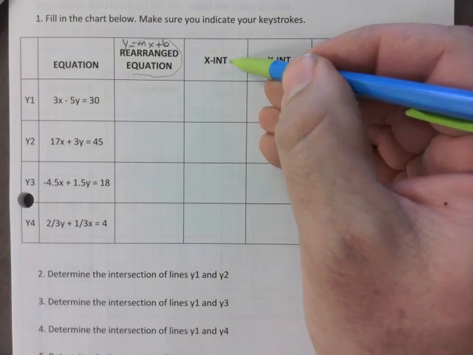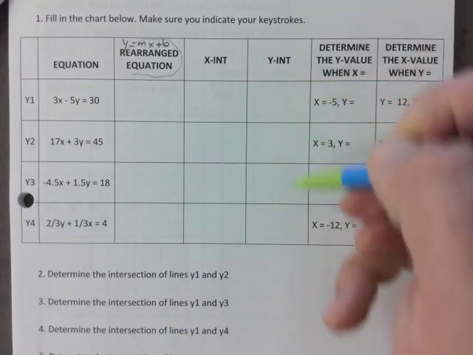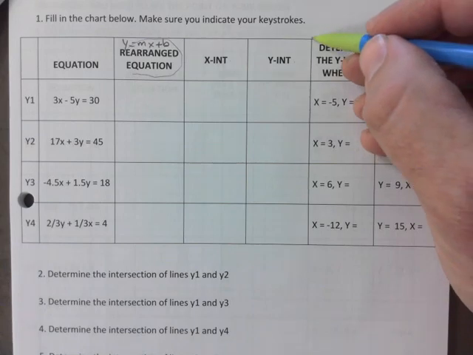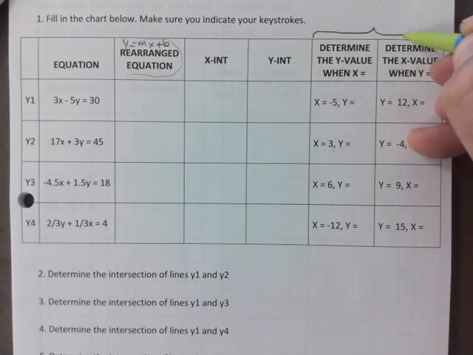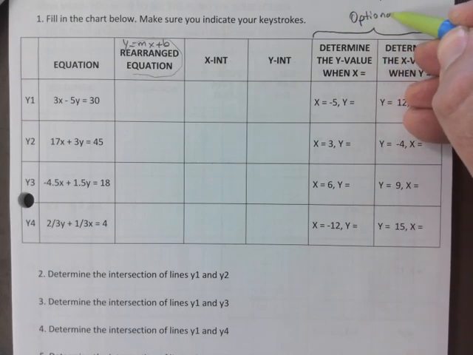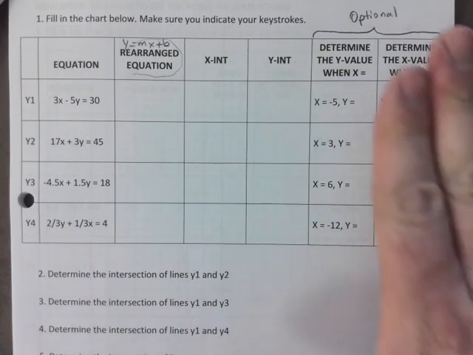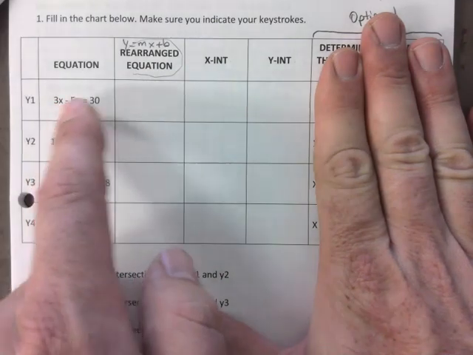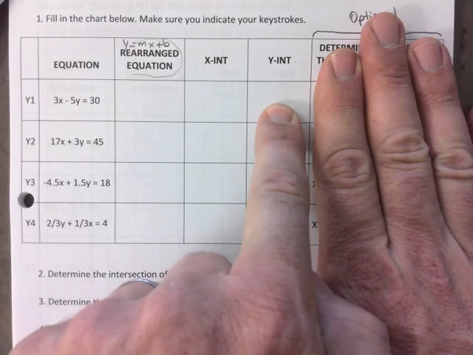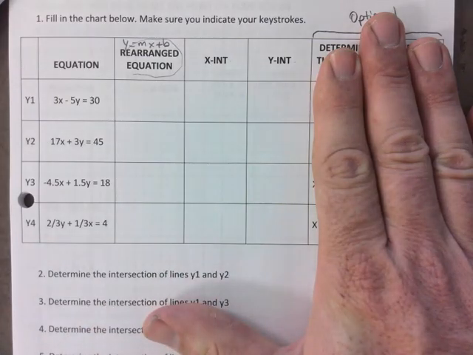Then I want you to find the x-intercepts, the y-intercepts, and fill this in completely. I will say that this part right here is optional right now. I'm not too worried about you filling in these 2 columns. I just want you to really focus on, can you rearrange? Can you find the y-intercept and the x-intercept? And I think I gave you enough space to do the math right in those boxes. I was able to do it.